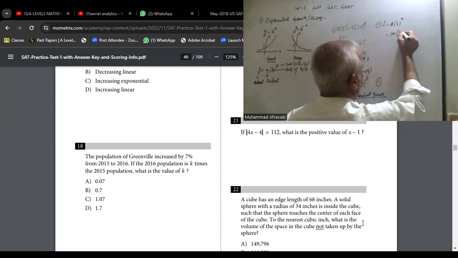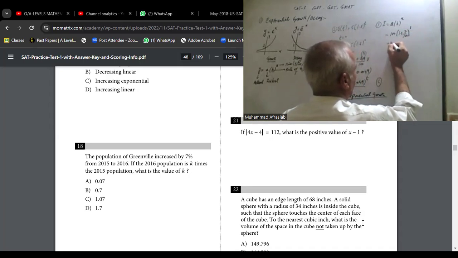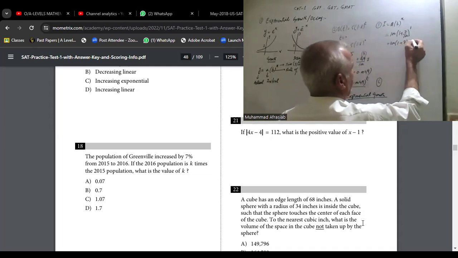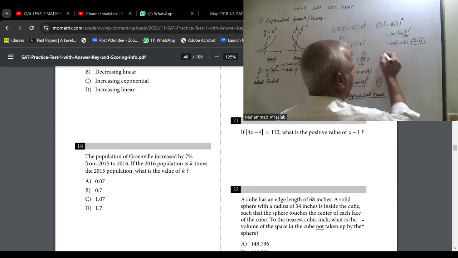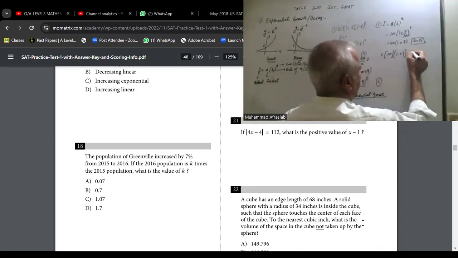Suppose it is increased by 7%, 7 over 100. So it should be equal to 100 into 1.07 for the year 2015. Since in 2016 it is k times the population of 2015, it should be equal to 100 into 1.07 power 2.